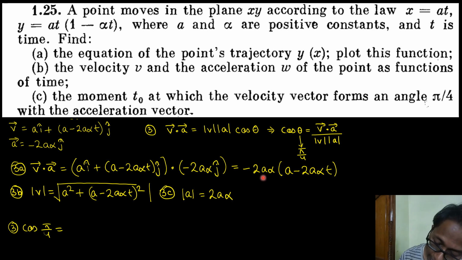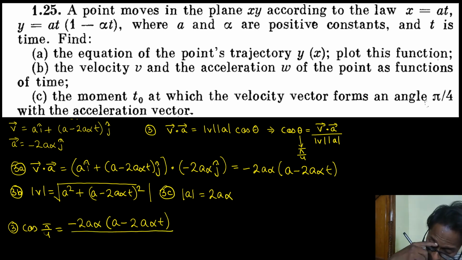V dot a is nothing but minus 2a alpha (a minus 2a alpha t), divided by what is the magnitude of v? The magnitude of v is nothing but the square root of a square plus (a minus 2a alpha t) whole square.